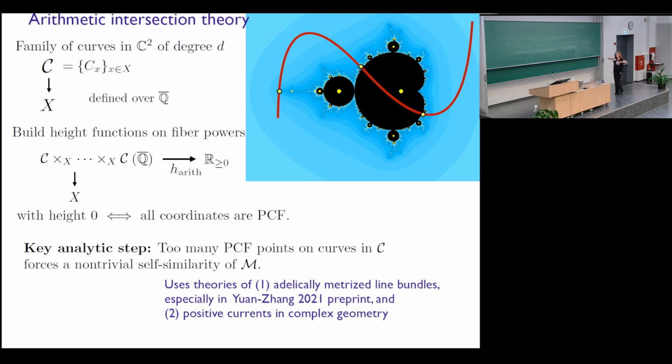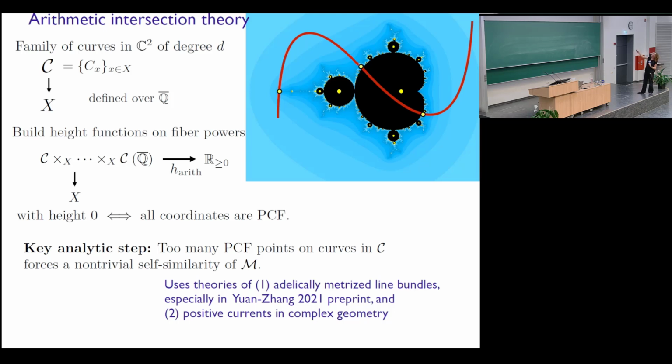Maybe it's the Chow variety of all curves of a given degree D. And curly C represents a family of algebraic curves. I want to assume that my family is algebraic, defined over Q bar, because the methods I want to use are going to be algebraic. You can always take your family and put it inside one that's defined over a number field if you wish. So it's really no loss of generality for the types of statements I was trying to prove.